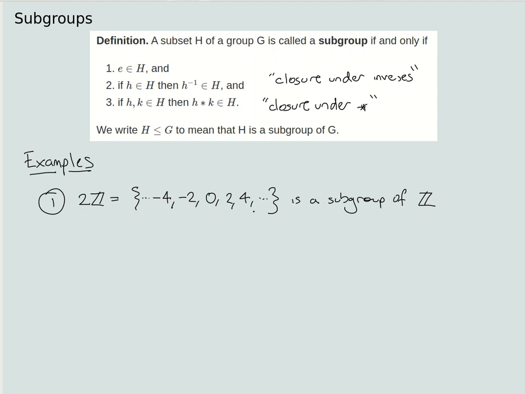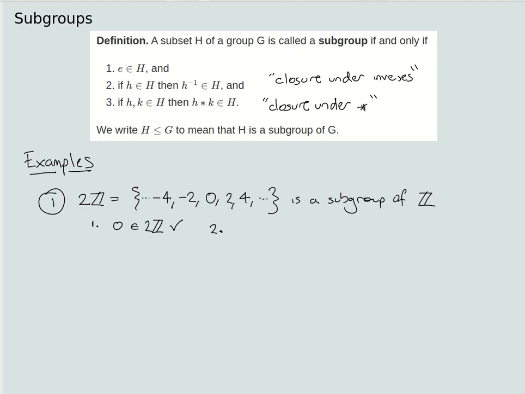So let's check that this really is a subgroup. We have three conditions to check. Condition 1: does it contain the identity? Yes, it does. The identity in ℤ is 0, and 0 really is in 2ℤ. So condition 1 is fine. Condition 2 says that if something is in our subset, then its inverse must be in the subset as well. In the integers, the inverse of an integer a is -a.